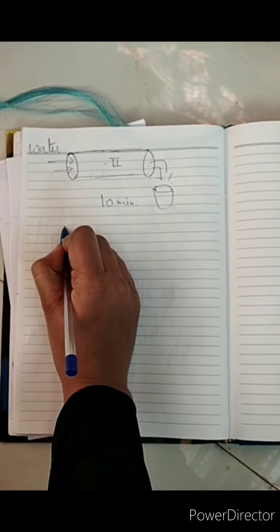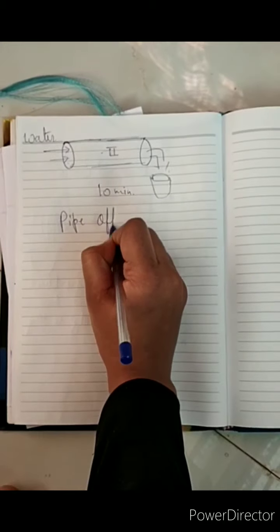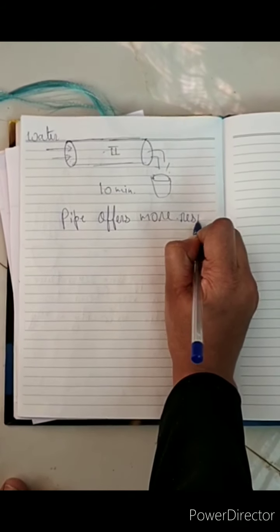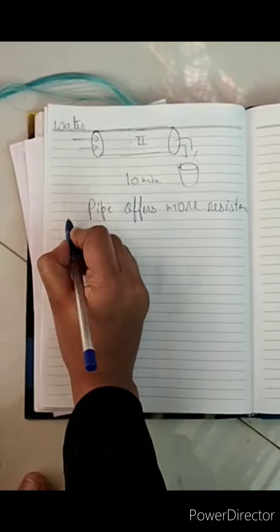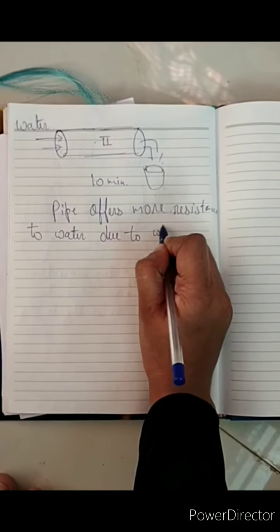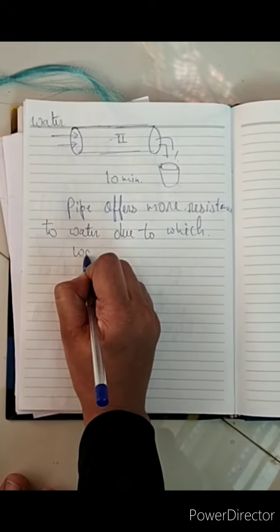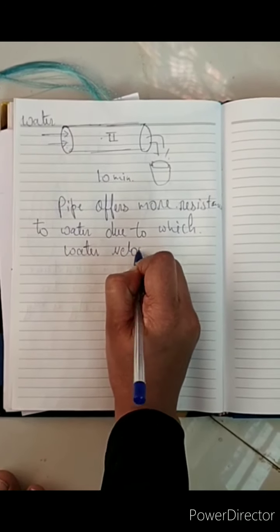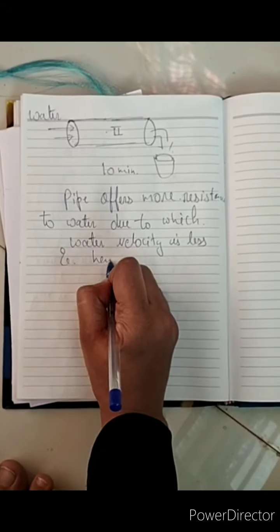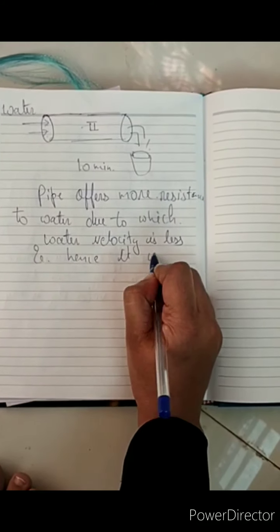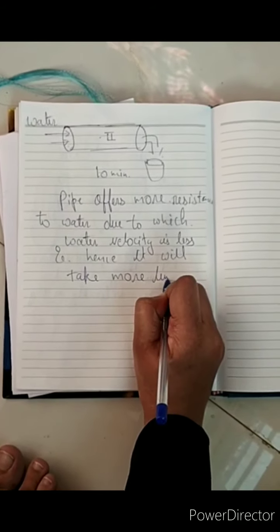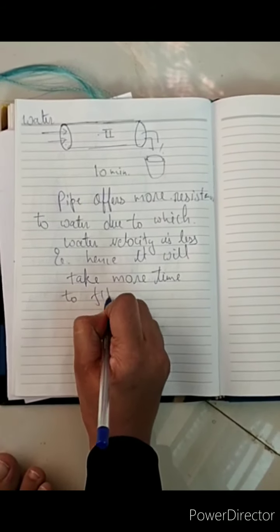So what is happening here? The pipe offers more resistance to water, due to which water velocity is less, and hence it will take more time to fill the mug.